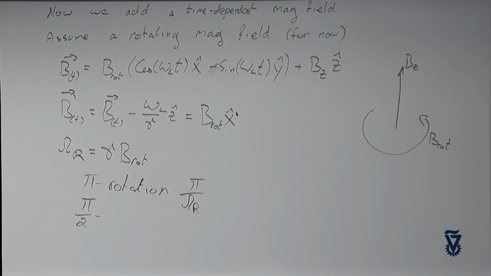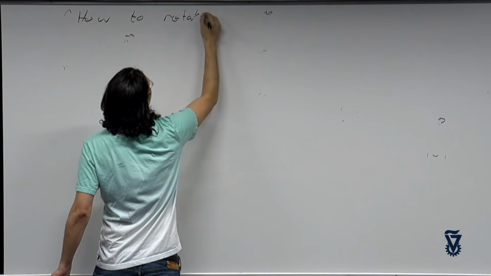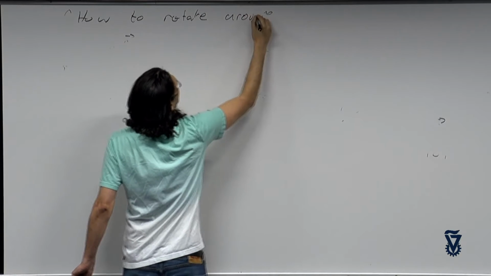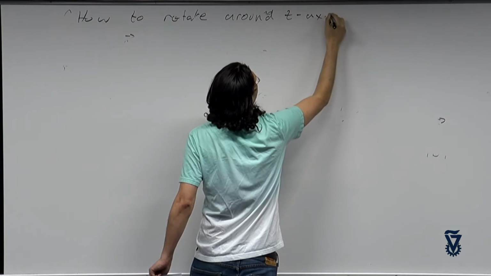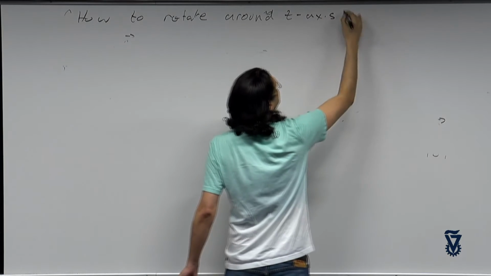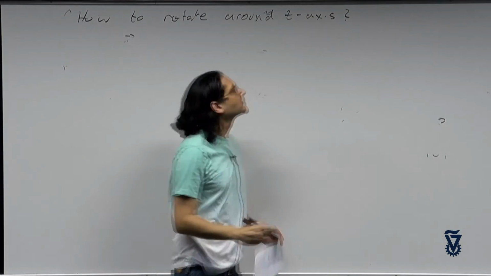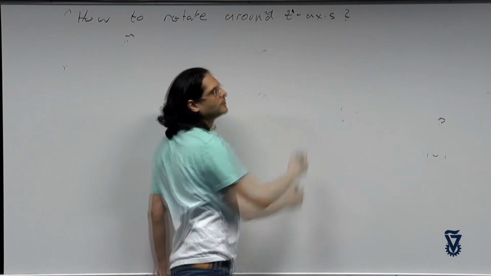How to rotate around z-axis. I'll put z prime here. But in the rotating frame, right?